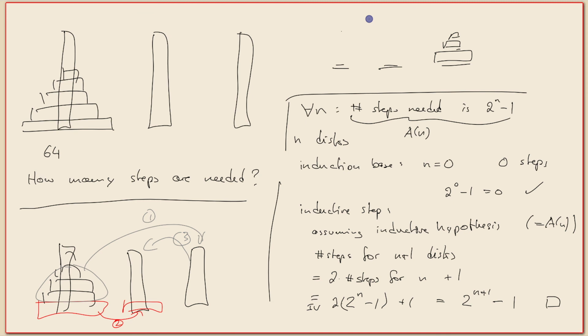You try with some statement and you try to prove it, and then you see you're stuck, you're missing something. And that can sometimes give you the insight of what that missing bit is, and then you can add it to the statement, and then it goes through, but it's not really a clear structure. Induction doesn't really help you much if you don't know what to prove. It can just be super terse and quick if you do.